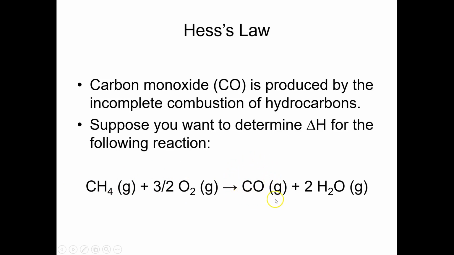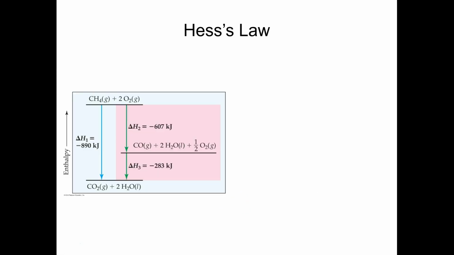It's extremely difficult to stop this reaction halfway and have it give you all of an intermediate product that's on the way to the final product. So it's essentially impossible to run this reaction. But we can still work out its delta H, its enthalpy, because we can simply use a couple of other reactions that are easy to run to work this out. And so here's a diagram of this.